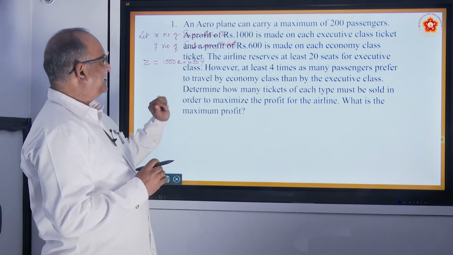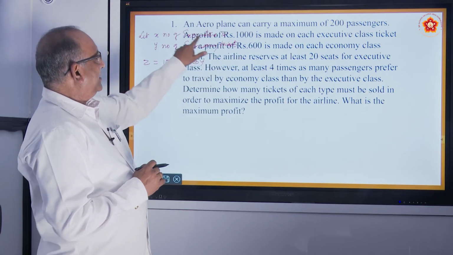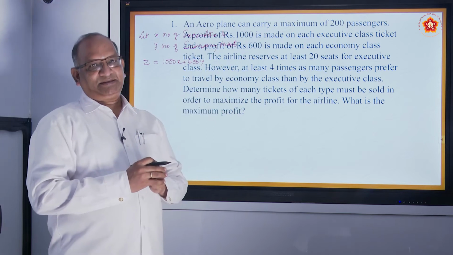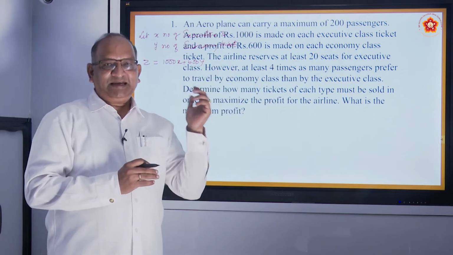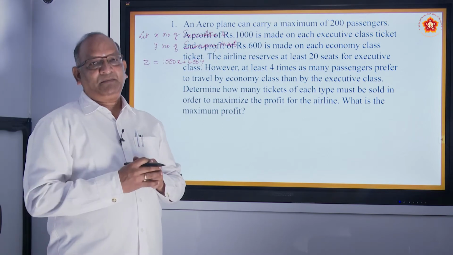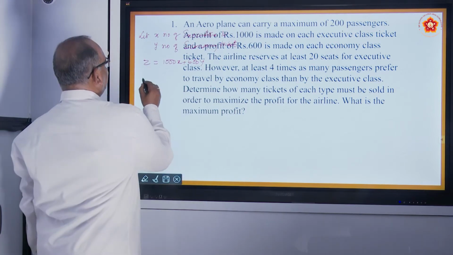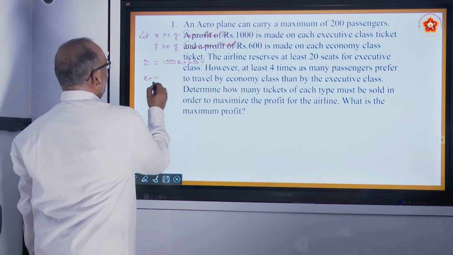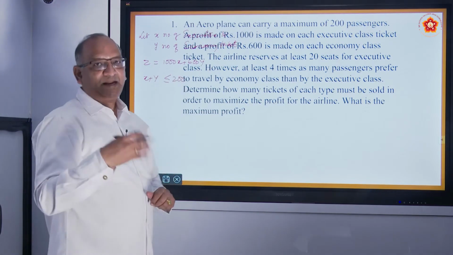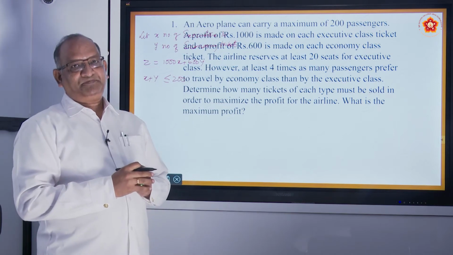Read further. He says an aeroplane can carry a maximum of 200 passengers. If you are selling X tickets of executive, Y tickets of economy, then X plus Y is less than or equal to 200. You cannot have more than 200.